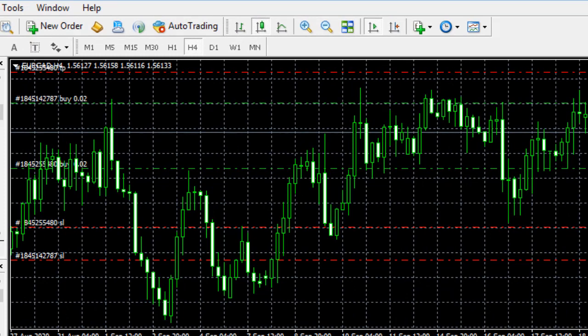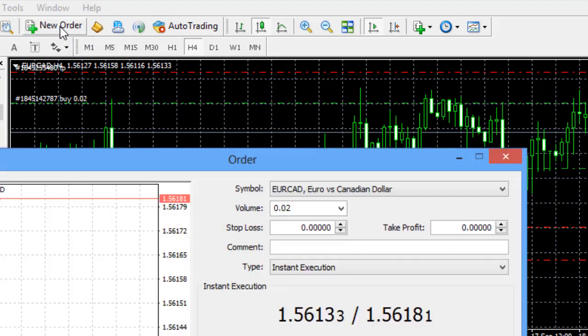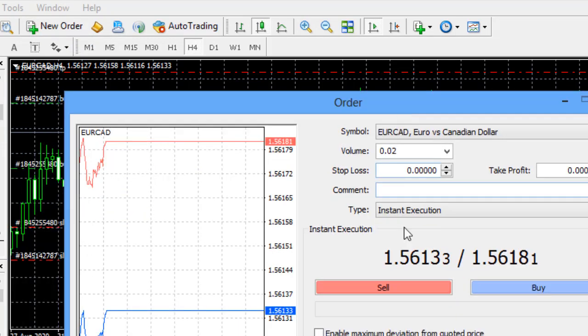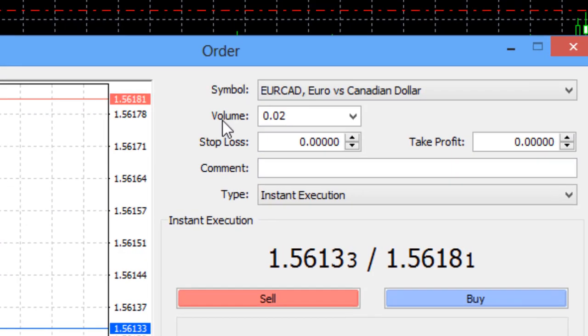So this is the MetaTrader client terminal again. You see here, we have new order, right? If I click on new order, here we are. So you see here the volume.